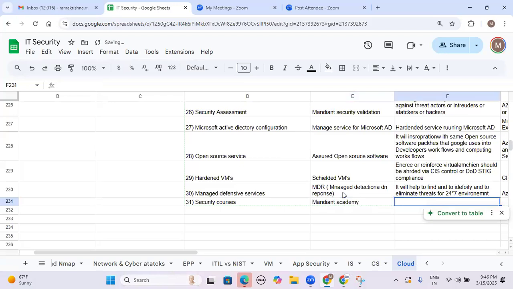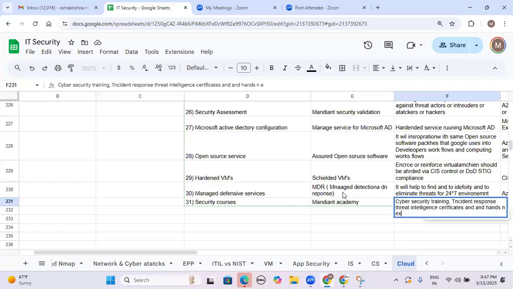So how can we say this now? Cybersecurity training, incident response, and also threat intelligence certifications and hands-on experience to cybersecurity analysts to increase the skill set.